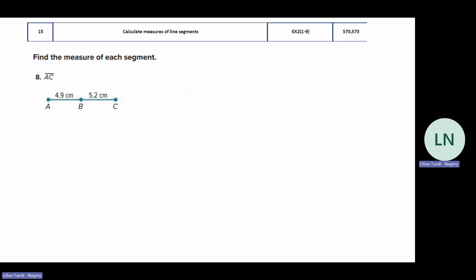I want AC, which is the big, so big equals small 1 plus small 2, AC equals AB plus BC. I don't know AC, so that means I know AB, which is 4 9/10, and BC is 5 2/10, which will give me, that is 11, and that is 10.